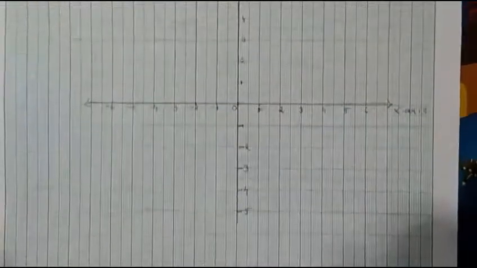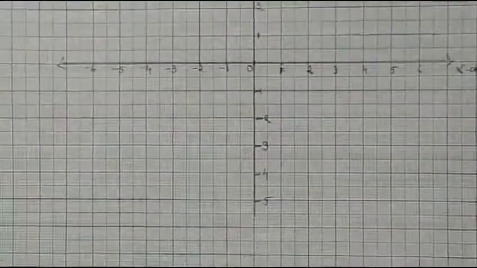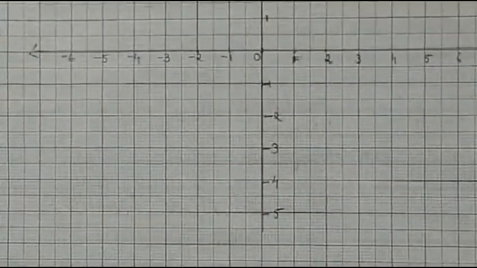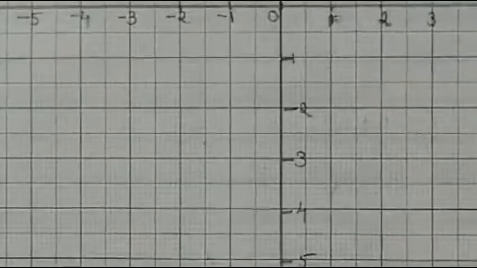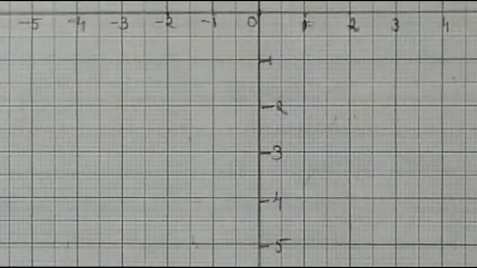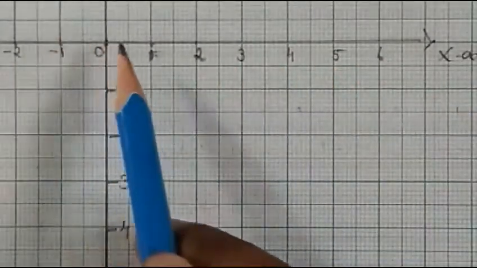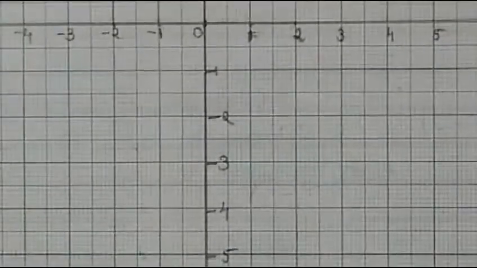Now how to find out 0.25? So let me magnify so that you can see it properly. Okay, so for x 0 is here, right?